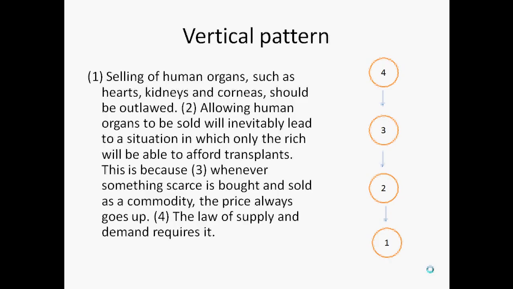Essentially the vertical pattern is the idea that you say one thing. On the right here we have these circles, and the conclusion is always the bottom circle. If we look at the argument on the left, it says selling of human organs such as hearts, kidneys, or corneas should be outlawed. That first sentence is a statement, and that's the conclusion.